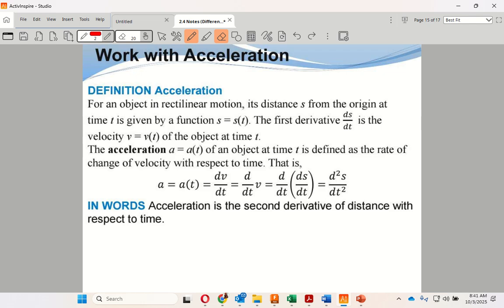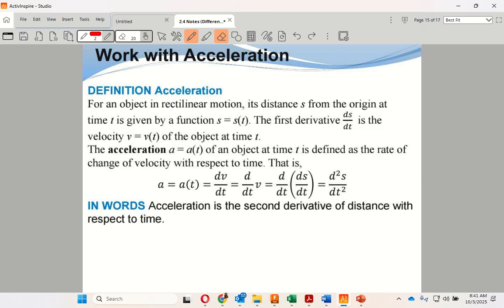So change in distance over the change in time is velocity. So it is miles per hour, all that other stuff. And velocity, v, is equal to v of t of the object at time t. Acceleration, a of t of an object at time t is defined as the rate of change of velocity with respect to time. So it's the slope of the slope.